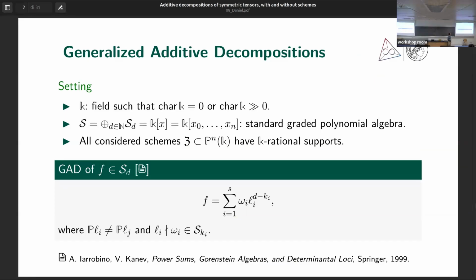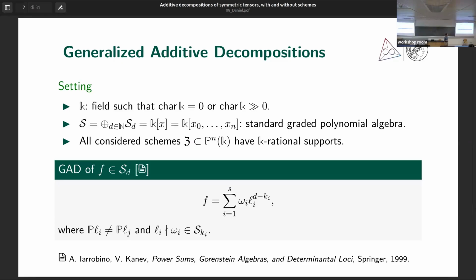So what is a generalized additive decomposition? It starts from a degree D form, a degree D homogeneous polynomial, which you may see as a symmetric order D tensor. A generalized additive decomposition is an additive decomposition which involves some linear form L_i paired with some omega_i.